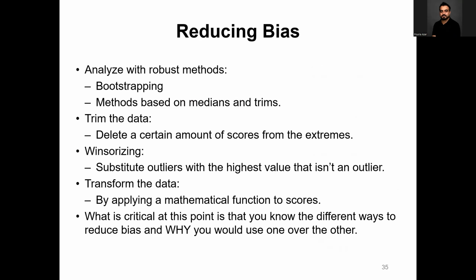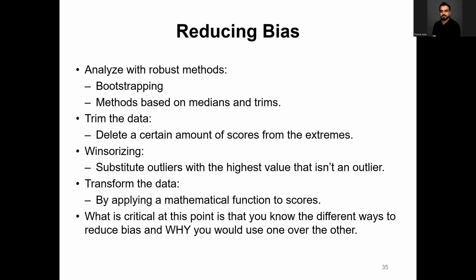So we can use different methods in order to reduce bias. Let's say the assumptions are violated and we want to correct our data. There are different methods. Bootstrapping is one of the methods and it's an advanced statistical method, so I'm not going to go into detail about that. But this method is based on medians and trims.